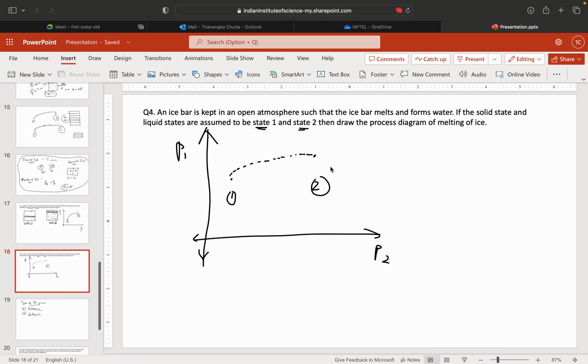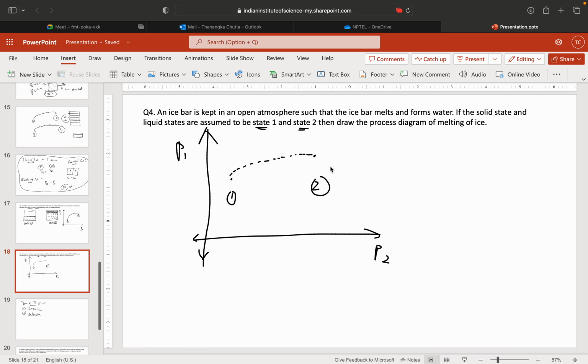No, I'm not telling that temperature can't be reversed. I'm telling that this is an irreversible process because this heat transfer is taking place because of a finite temperature difference. It's not an infinitesimal temperature difference.